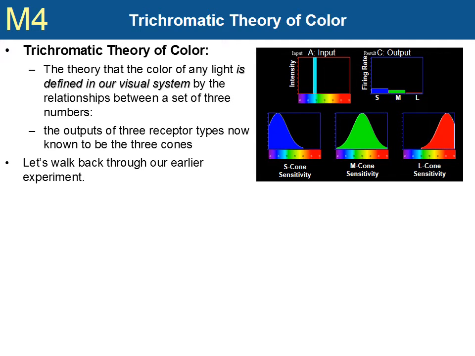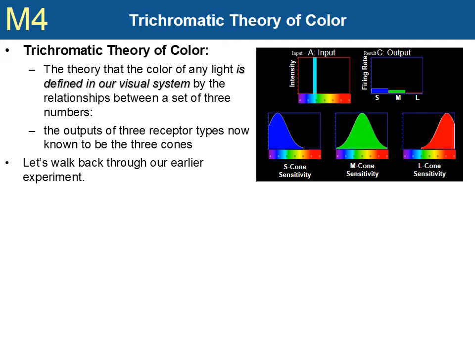First, we'll present an intense bluish-green light, as we did before. Box A shows the bluish-green light being presented at full intensity. Box C shows that the S produces the highest firing rate, the M the next highest, and the L hardly fires at all.